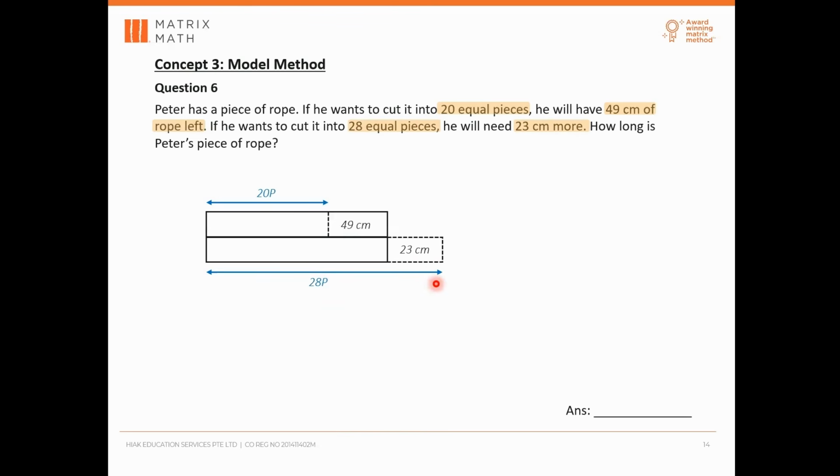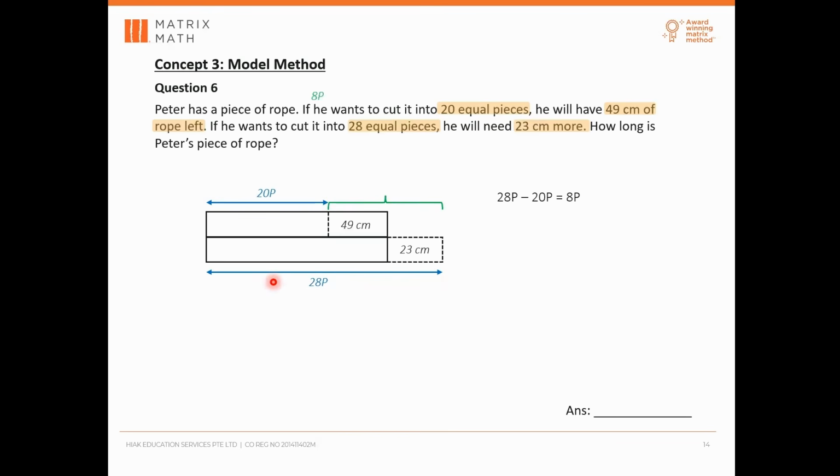So like I said, for this concept, if you can draw this model accurately, label everything clearly, you should be able to see how many pieces you can find, which is this part here. So how many pieces is this? So we're looking at a difference of 28 pieces and 20 pieces.